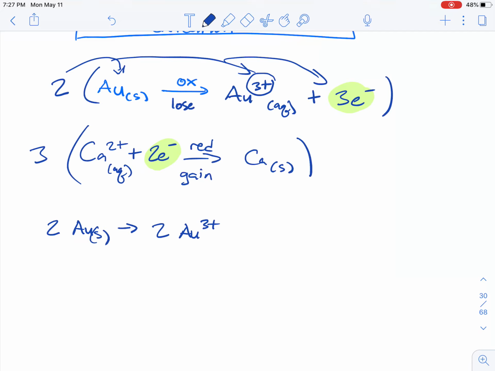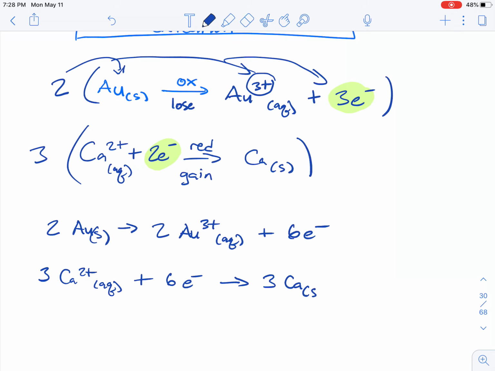So 2 moles of solid gold to produce 2 moles of aqueous gold, and that's going to give us 6 electrons. And then for the reduction, it's going to be 3 moles of calcium ion plus 6 moles of electrons to produce 3 moles of solid calcium.